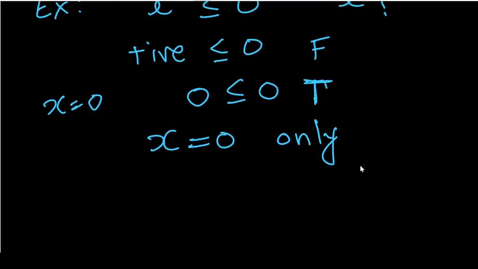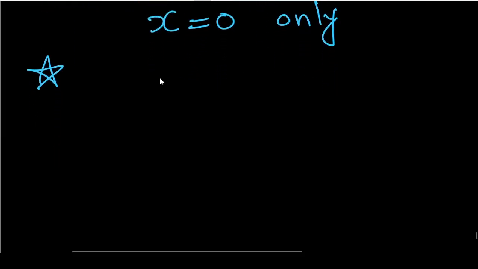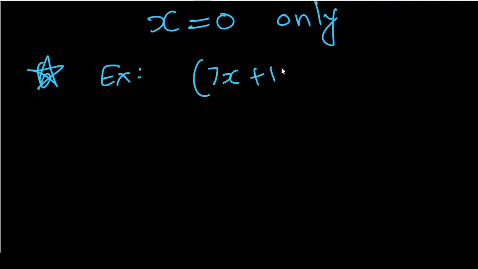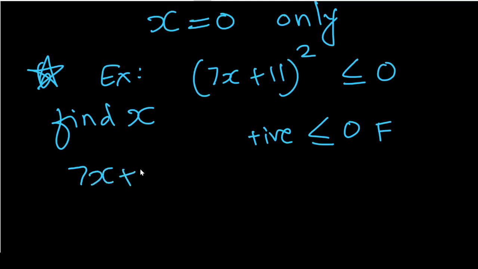Now in a similar way, if I ask you (7x + 11) whole square less than or equal to 0, what is x? Again, any value of x you substitute will give a positive number, so less than 0 would be false, and equal to will also be false. But one possibility we can check: when 7x + 11 equals 0, it vanishes.